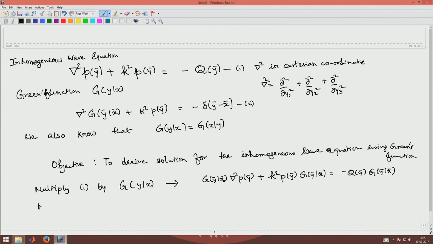And we will multiply the second equation with p y. So, multiply 2 by p y. What we will get here is the following: p y multiplied by the Laplacian of the Green's function plus k square p y multiplied by the Green's function is equal to minus delta y minus x into p y.